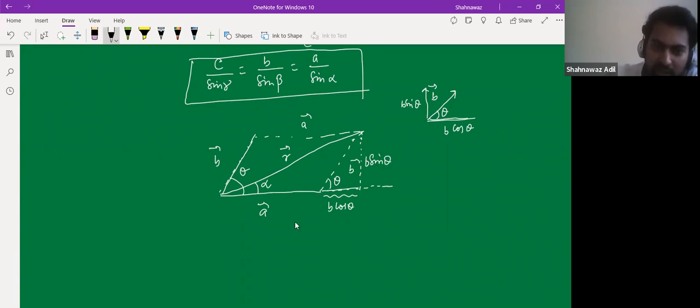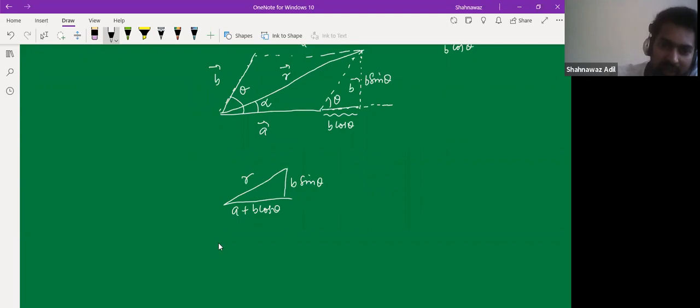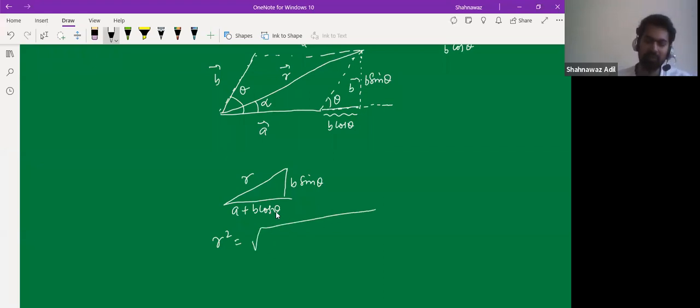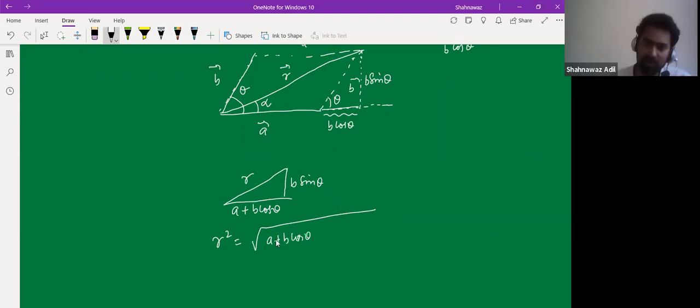Okay, so you have R, this is A plus B cos theta, this is B sin theta. So from Pythagoras theorem, we can calculate R. So what will be R? R squared is (A plus B cos theta) squared plus (B sin theta) squared. Yes.